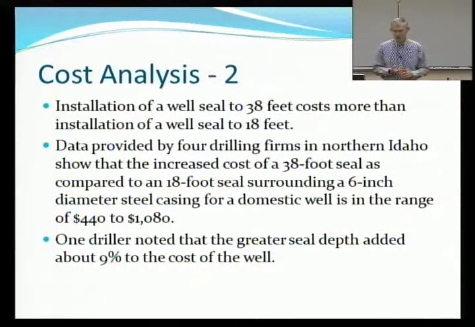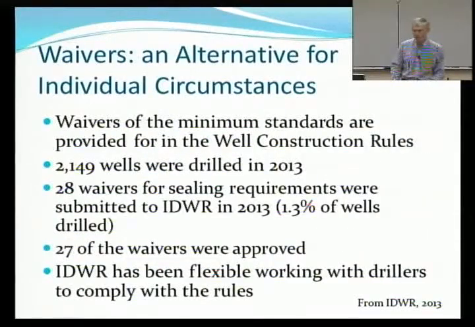One of the drillers noted that in his experience, the greater seal depth added about 9% to the cost of the well to the well owner. Certainly there are areas within Idaho where a 38-foot seal is not needed. And so the question is, how do you deal with that?